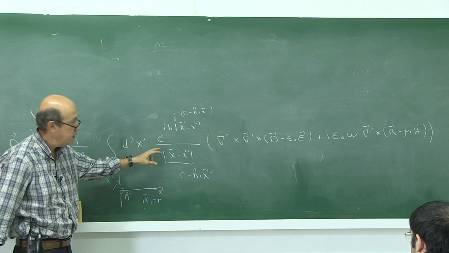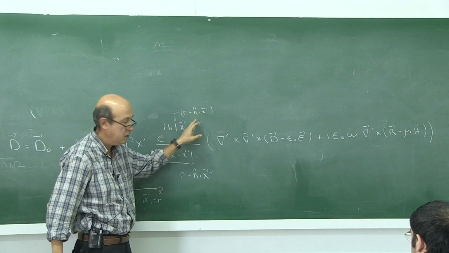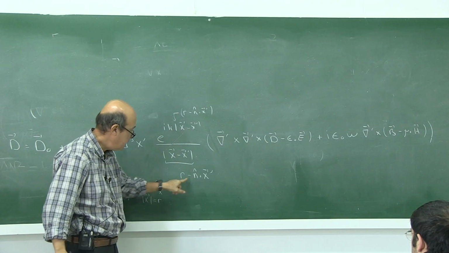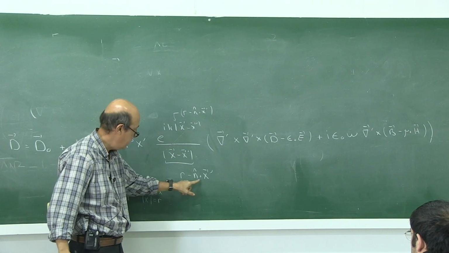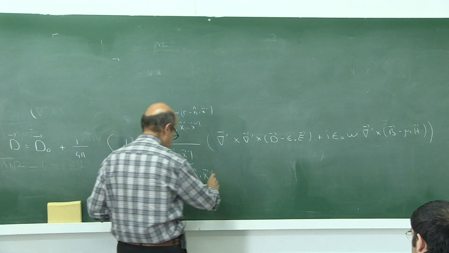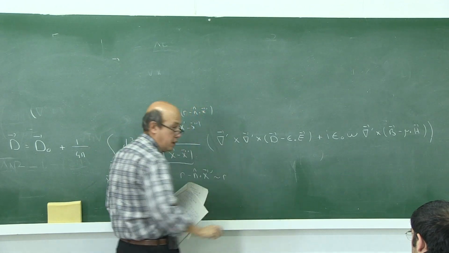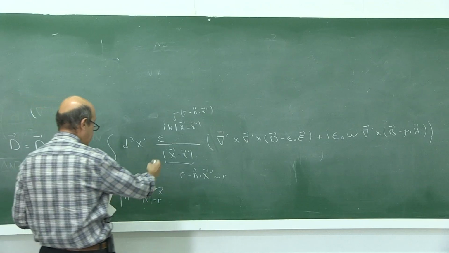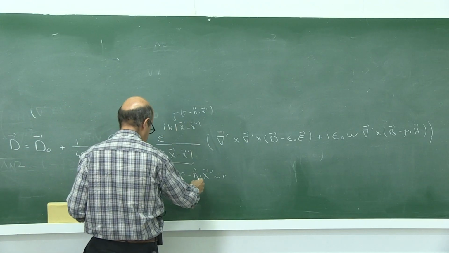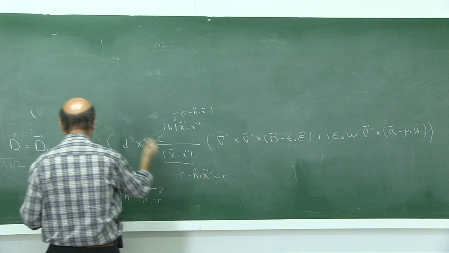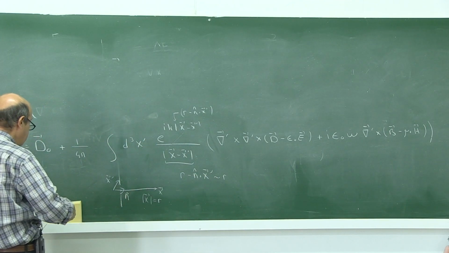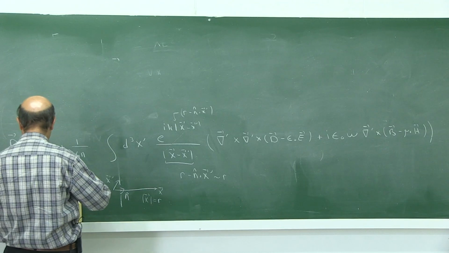So in the exponential this little difference is important because it creates a phase shift. But here it's not important. R minus n dot x prime is approximately r. So basically you can take the e to the ikr over r terms outside the integral because it's not depending on the location of the sources.